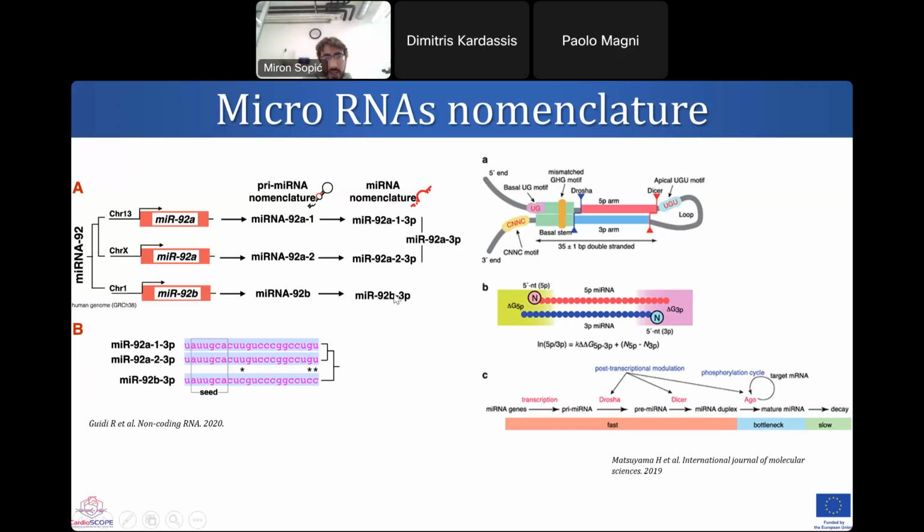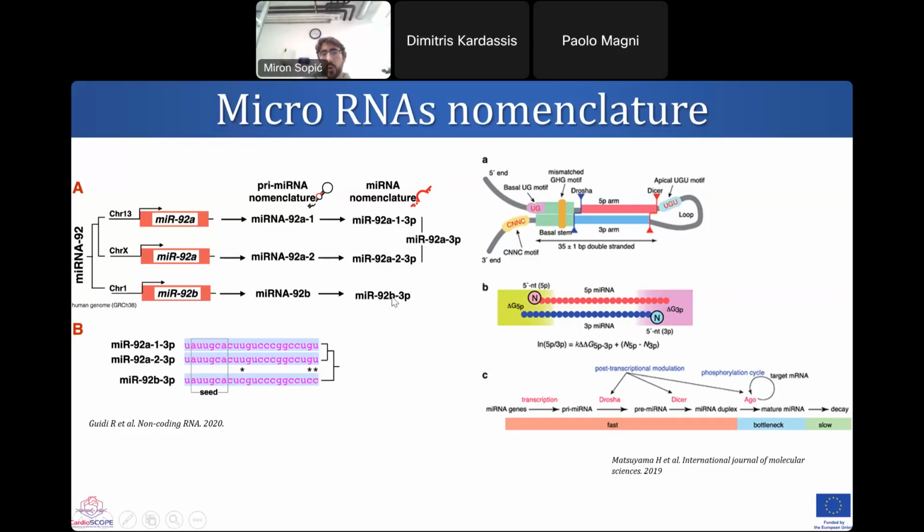And if you look at the third one, you will see that it's called microRNA 92B. And this B emphasizes the fact that there are some changes in the sequence that is not the seed sequence. So you can see this asterisk here that gives you the idea that there you see changes.